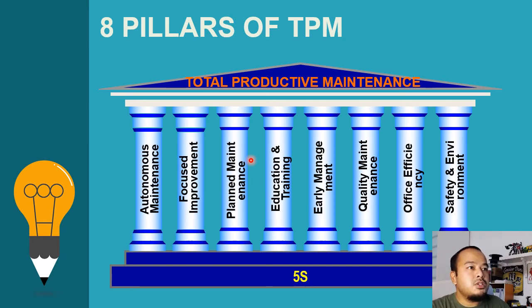The pillars are autonomous maintenance, focused improvement, planned maintenance, education and training, early management, quality maintenance, office efficiency, and safety and environment. These 8 pillars contribute to TPM, total productive maintenance. So let's see what all the pillars are about.